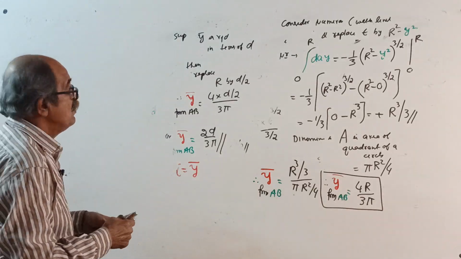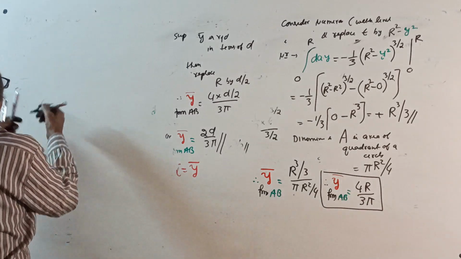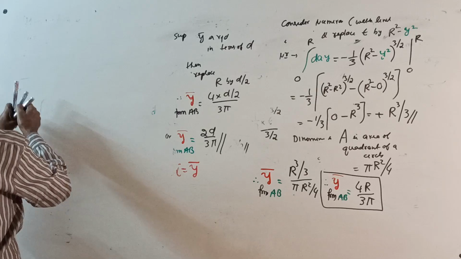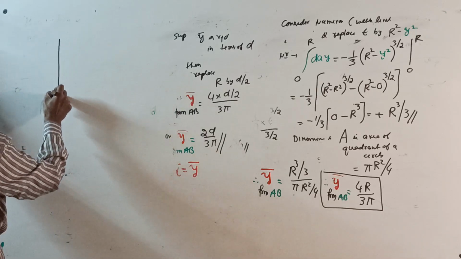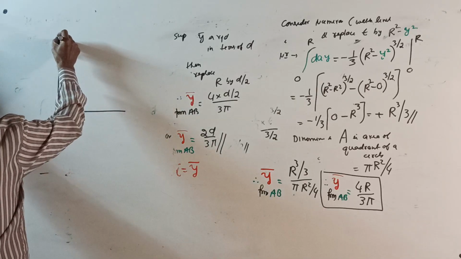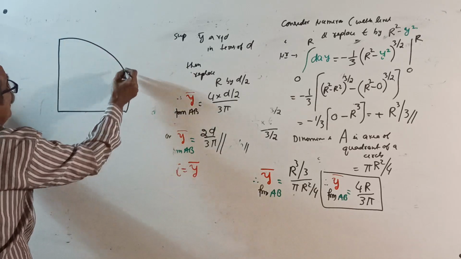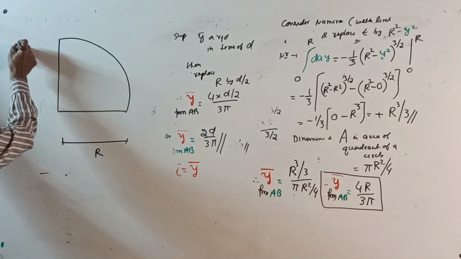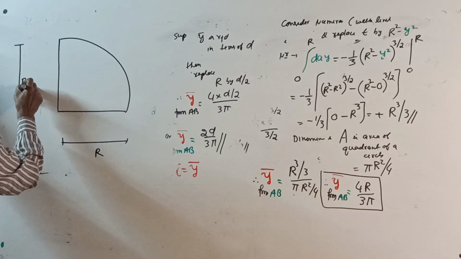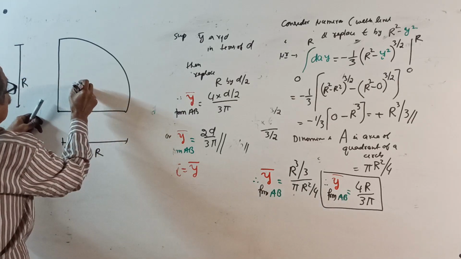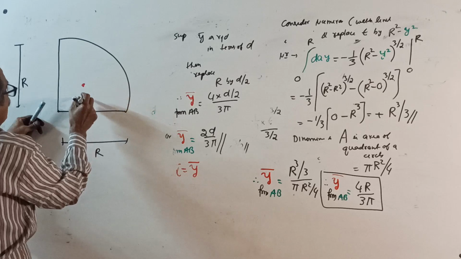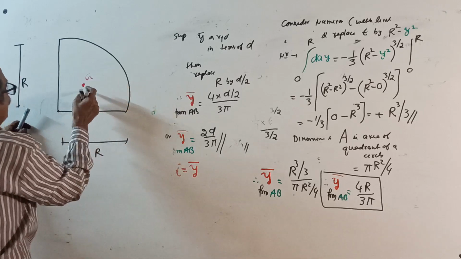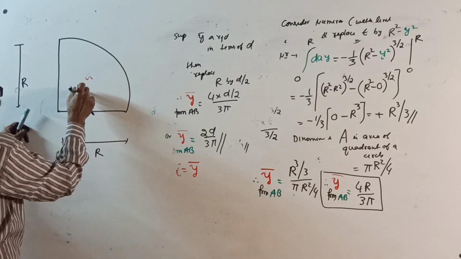Final summary I will give you next time. Therefore, for a quadrant of a circle, write here: quadrant of a circle of radius r. Center here, centroid here, this is G, this is your y bar.